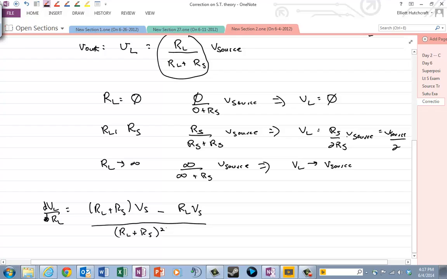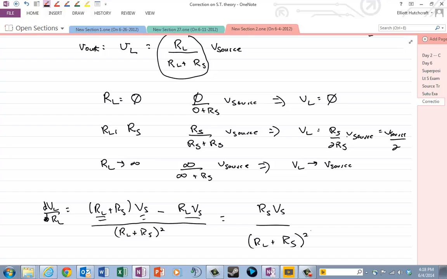And if I look at this, I'll have RL times VS minus RL VS, so those two will cancel. So I'll get RS VS over RL plus RS quantity squared. Now notice RL and RS are resistors, so as long as we're considering positive source voltage, which is the way I've drawn it for V source, that makes sense.